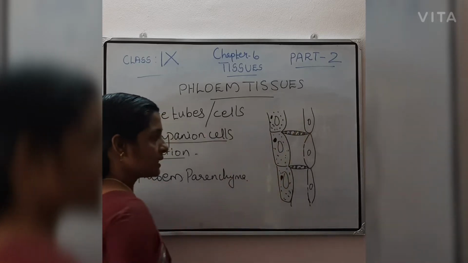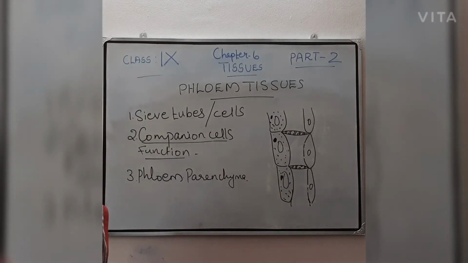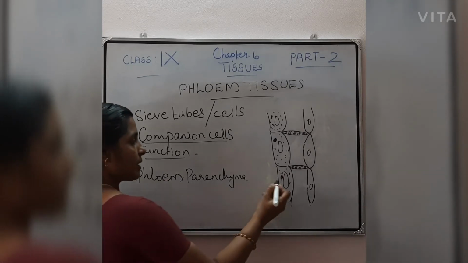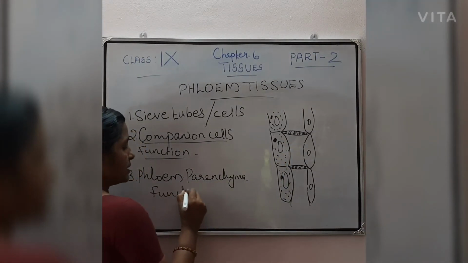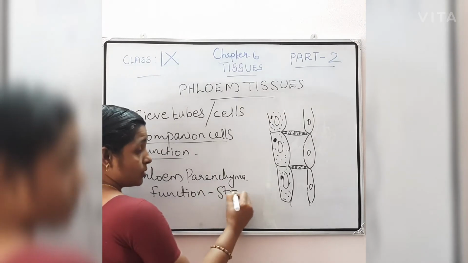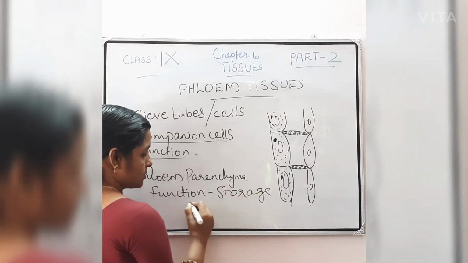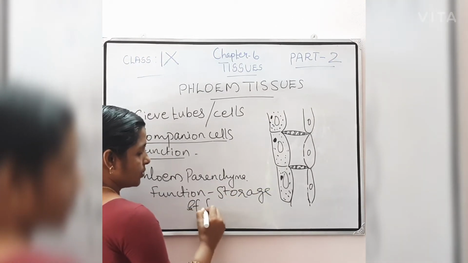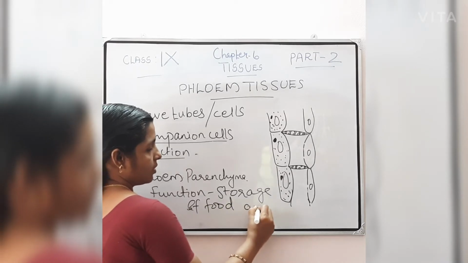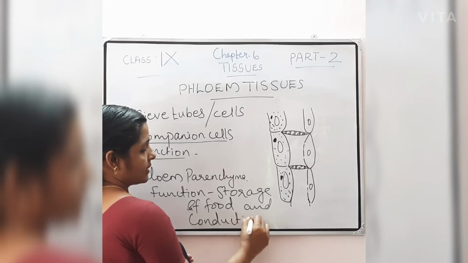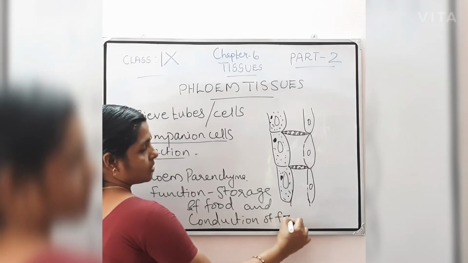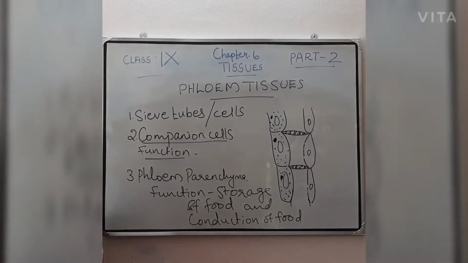In xylem parenchyma, we studied its function as storage of food. Here also, in the phloem parenchyma cells, what is the function? Storage of food material, and also the conduction of food material.